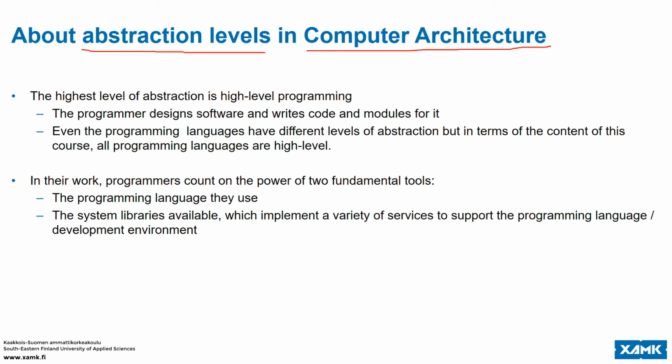Speaking of these abstraction levels, the highest level of abstraction is of course high-level programming. If we think about abstraction, programmers design software and write code on the highest level of abstraction, and even the programming languages themselves, even if they have different levels of abstraction, in the context of this course we consider all programming languages to be high level.